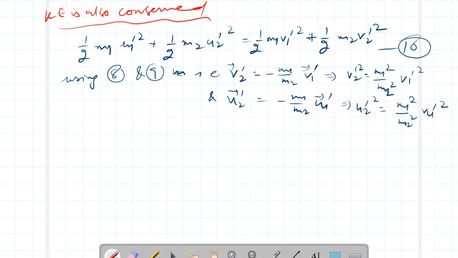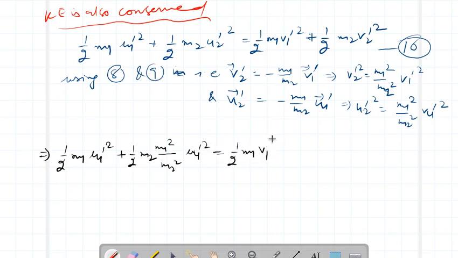half m1 u1' square plus half m2, here its value will be m1 square over m2 square, u1' square, equal to 1 by 2 m1 v1' square plus 1 by 2 m2 m1 square over m2 square v1' square.